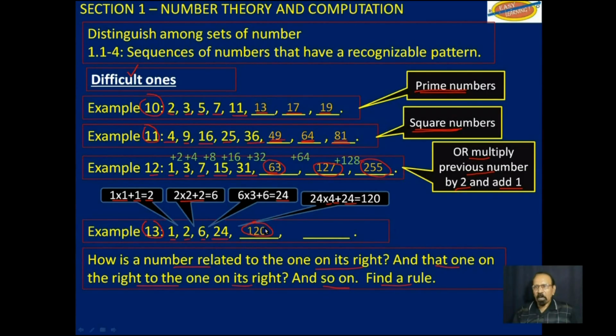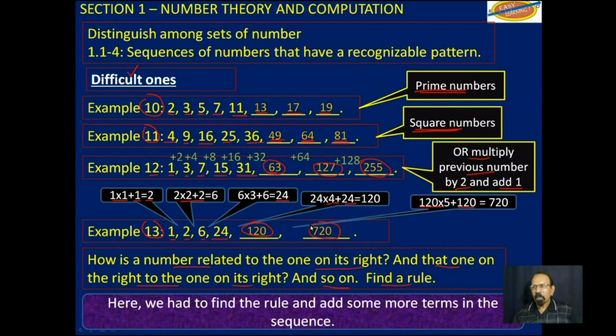And then multiply 120 by 5 and add 120, and we get 720. Okay, that one was difficult. Here we have to find a rule and add some more terms in the sequence. But remember, objective 16, you will be given a rule.